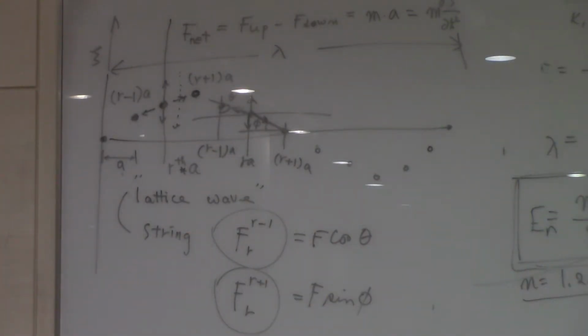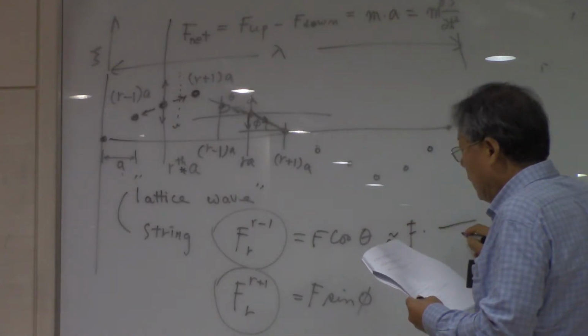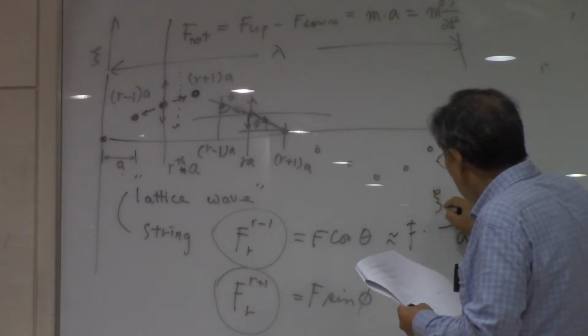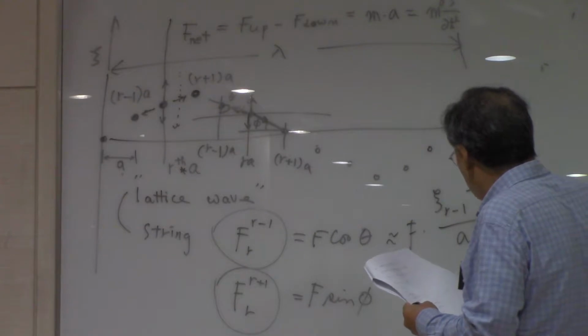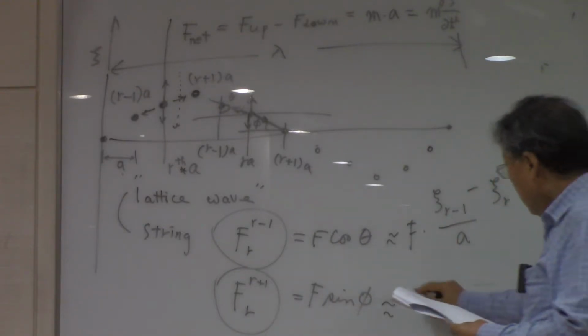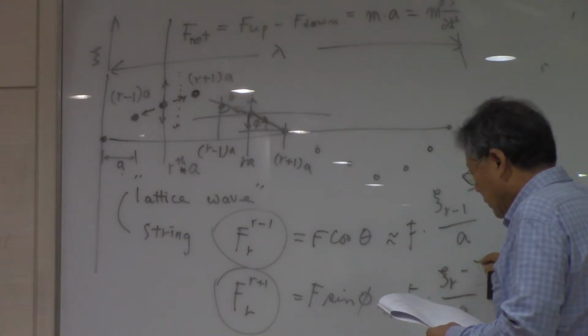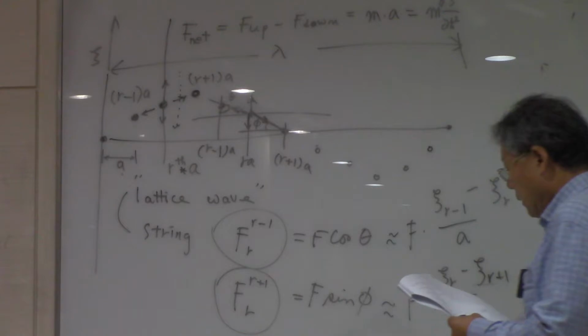And then in the text, you have those forces, which can be said as psi r minus 1 minus psi r, and then it can be approximated to F times a, psi r minus psi r plus 1.